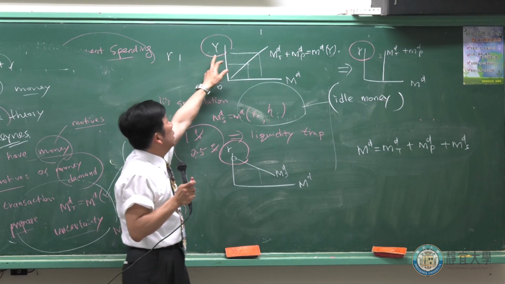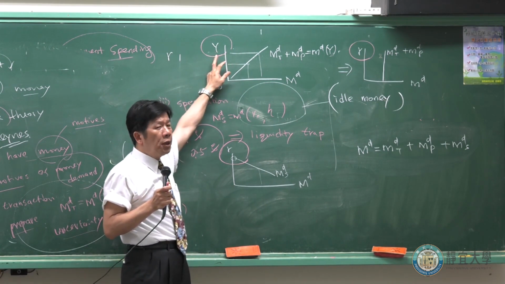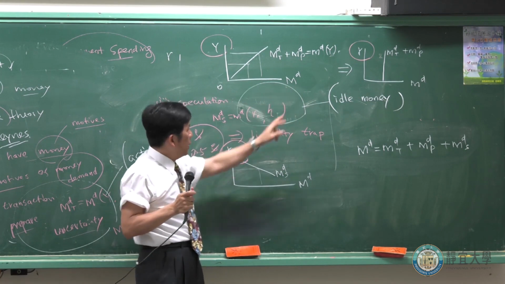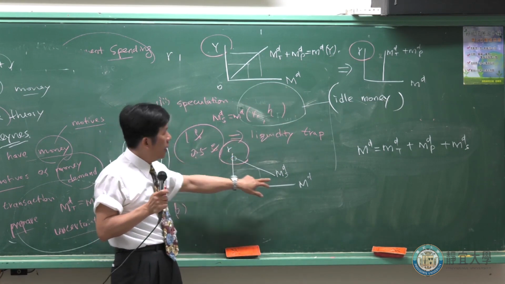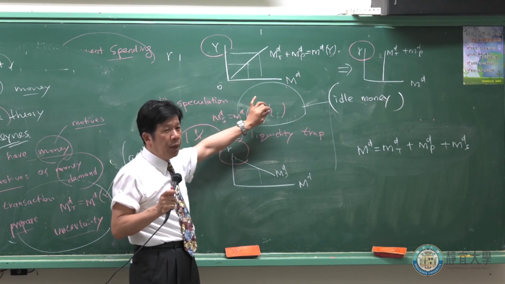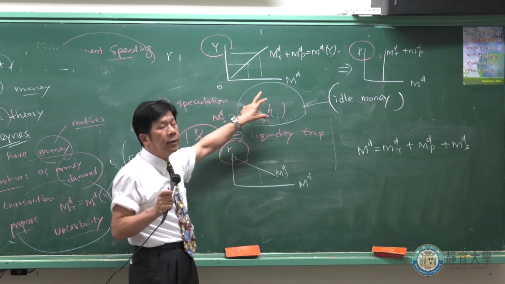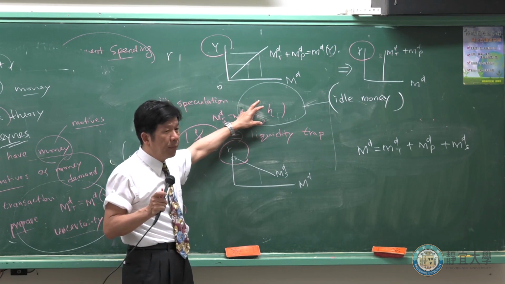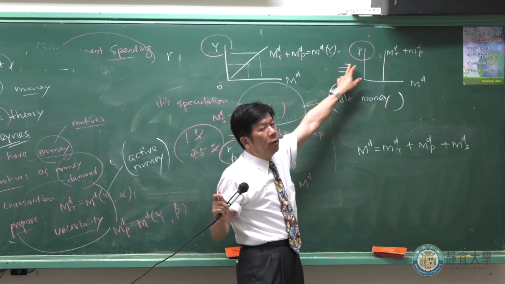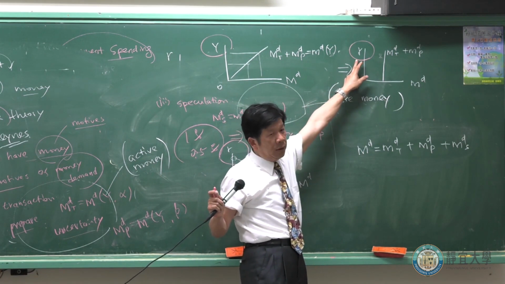Initially, you can check here, they have a special relationship between income and MD. But here it is interest rate and MD. But we want to put them together, so the axis will be the same. So here, just try to change. This is interest rate.